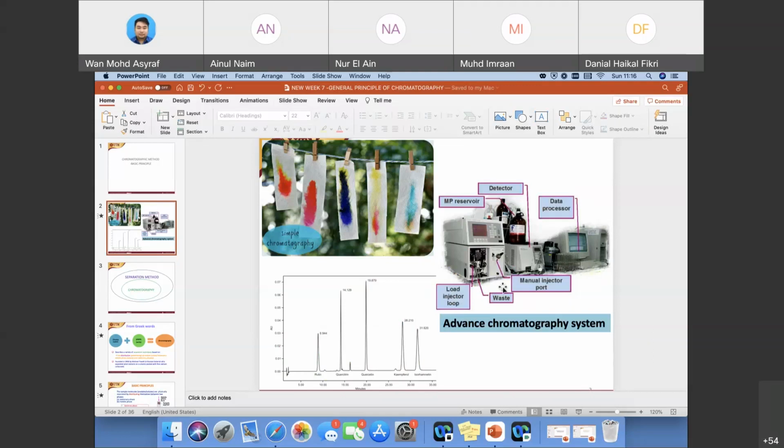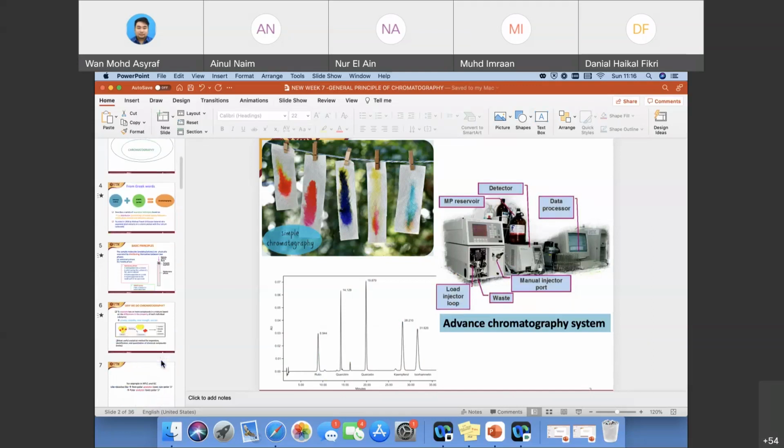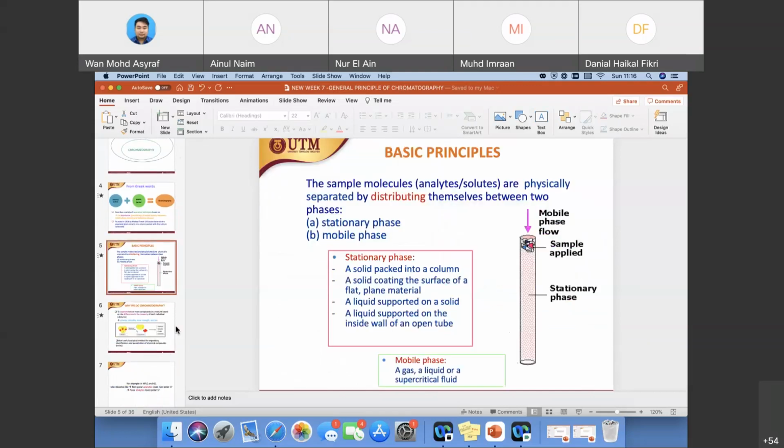The mobile phase, later on we will look into, is the one that is carrying your analyte. I know that this is going to be a little bit hard to understand, but it's okay, we will look in depth later on. But for now, based on that picture, the stationary phase is the tissue paper.